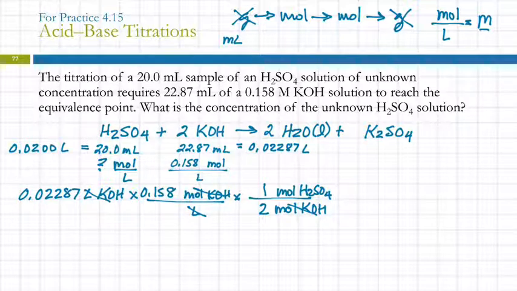So I've got my volume to moles, and then I'm going to figure out my moles of H2SO4, and then I'll divide. 0.02287 times 0.158 divided by 2.